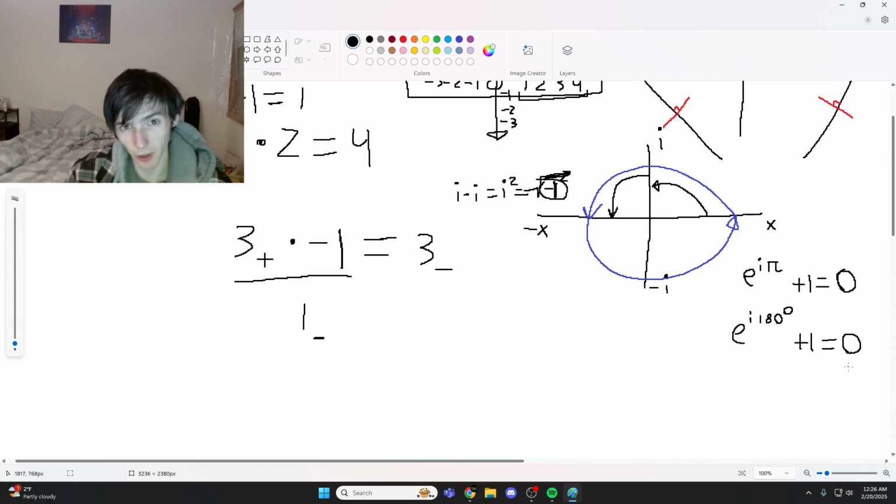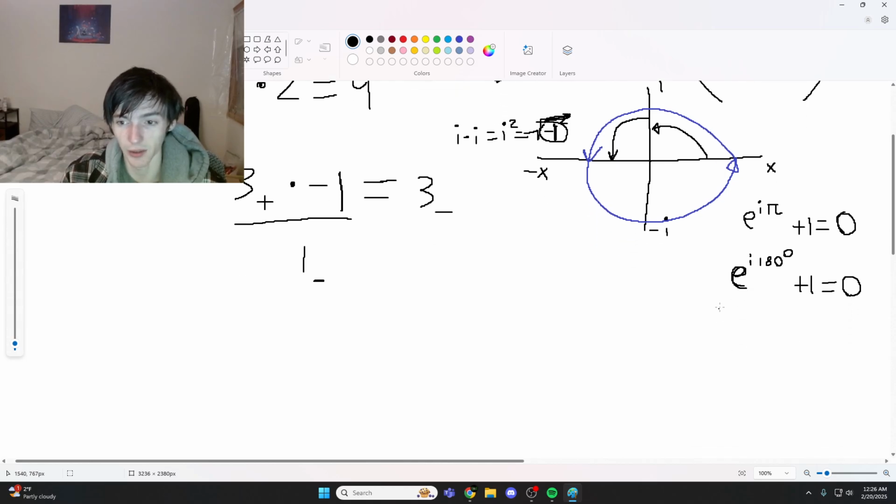Now, that might seem a little weird, but just translating, what this is really saying is a line, or an arrow, the length of I is going to get rotated 180 degrees.